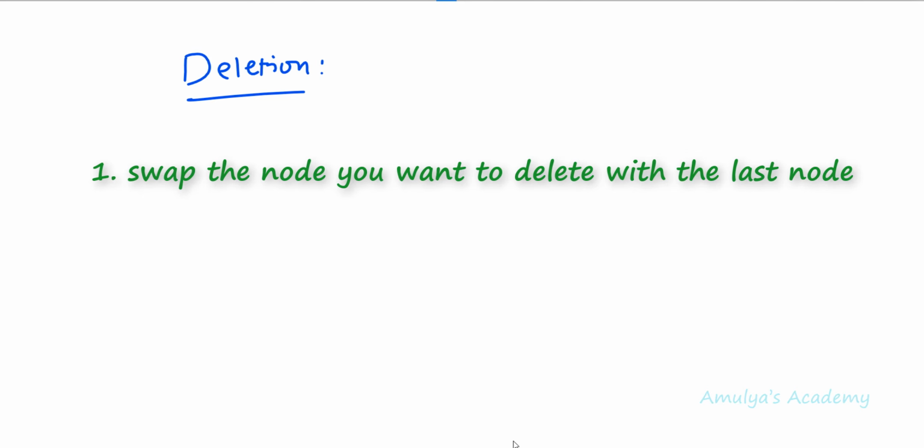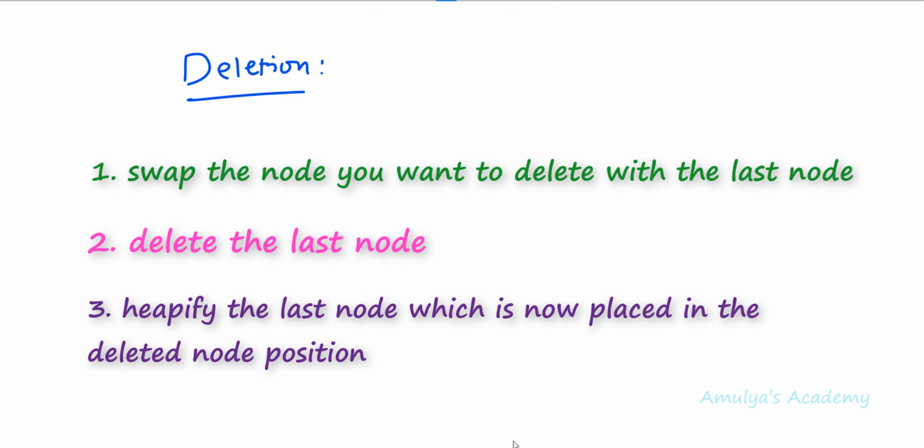So after deleting a node from the binary heap, we must maintain the binary heap properties, that is, the complete binary tree structure as well as the heap order property, right? That's why first we'll replace the root, or the element to be deleted, with the last node. Then we'll delete the last element from the heap.